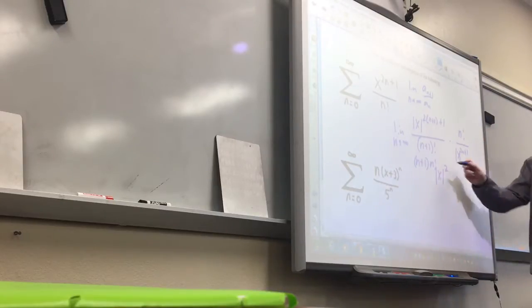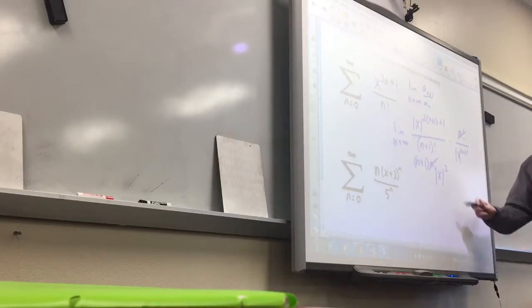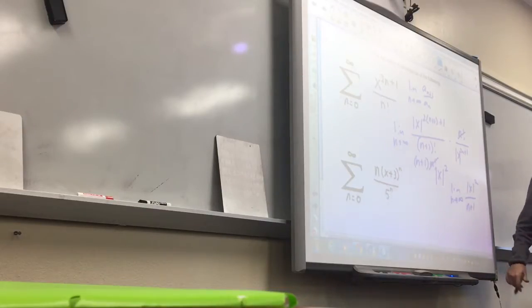Okay? So my n factorials cancel, and I'm left trying to find the limit as n goes to infinity of the absolute value of x squared over n plus 1. And as n goes to infinity, what does this equal? 0. It equals 0 no matter what x is.